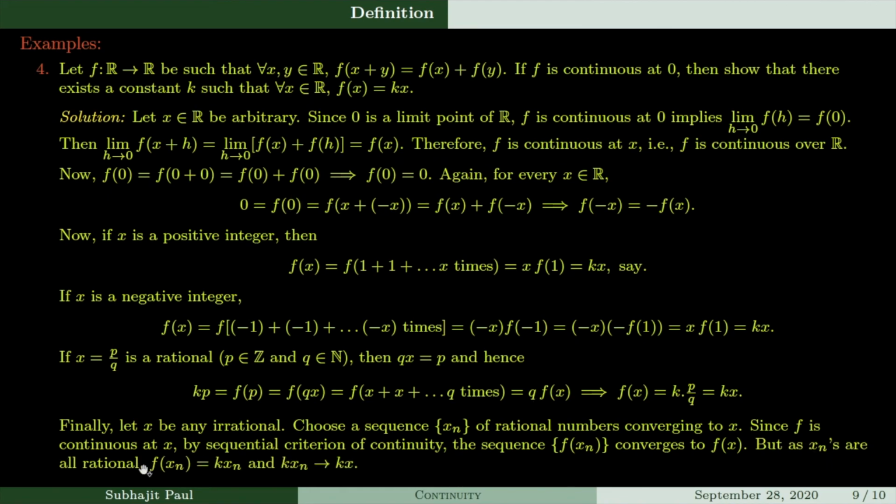As the xn's are all rational, f of xn is k times xn, no doubt about that, and k times xn tends to kx, since xn tends to x, that is our hypothesis. So the functional value f of x must be kx. So f of x is equal to kx, and that holds for every x in R.